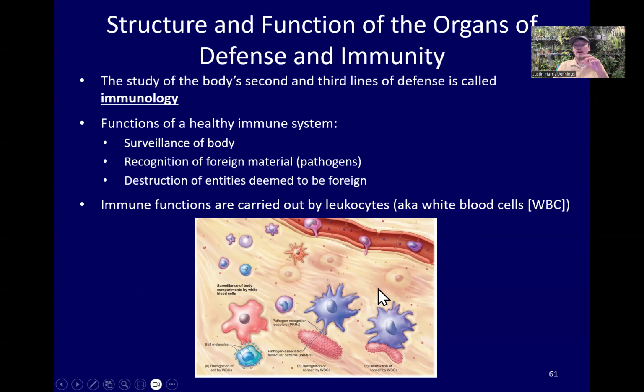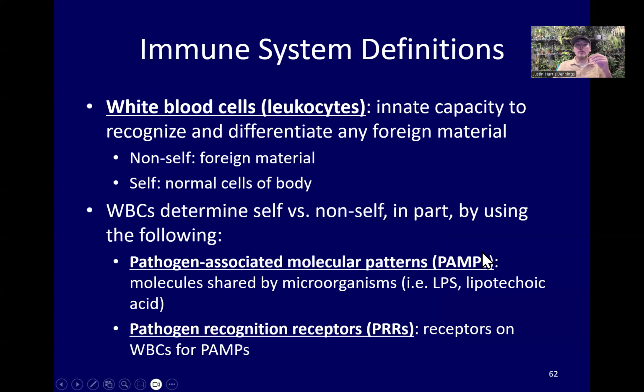And so they're able to recognize the self and not self, or they're able to recognize those problematic proteins through various systems. And so we talked about how we have the innate immune system and the adaptive immune system. For the most part, we're going to be talking about the innate immune system in this lecture.